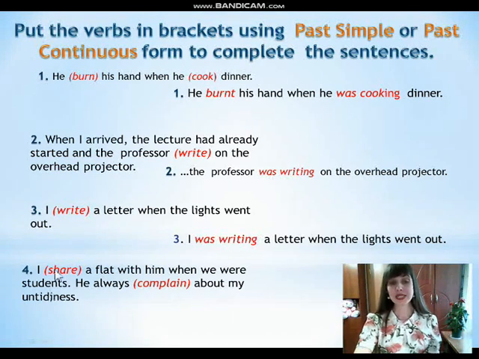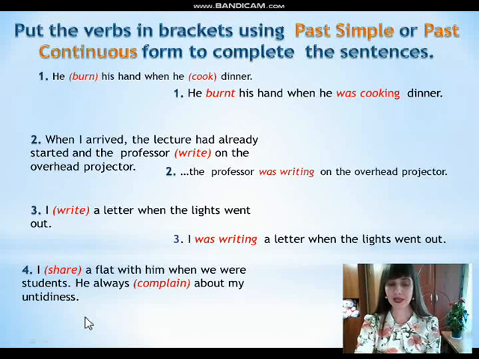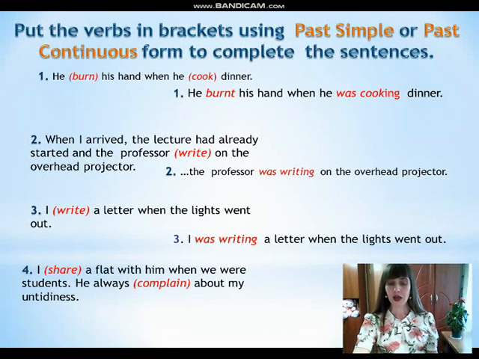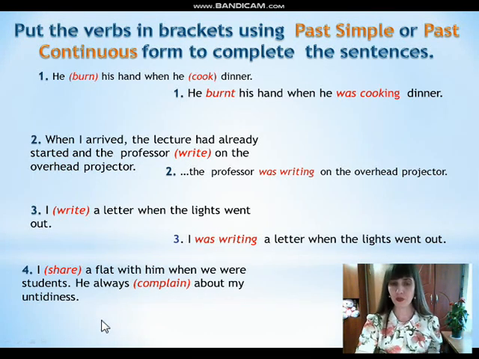Okay? So the sentence number 4. In this sentence we read, I share a flat with him when we were students. He always complained about my untidiness. Well, these are two completed actions in the past.